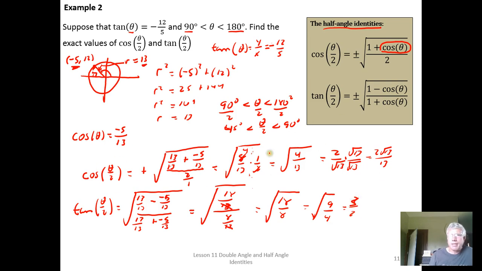And the other thing that I needed to mention, we're in quadrant 1. And the tangent, because both x and y are positive in quadrant 1, the ratio y over x is positive in quadrant 1. So I didn't use the negative square root. I used the positive square root. Quadrant 1, sine, cosine, tangent are all positive values.